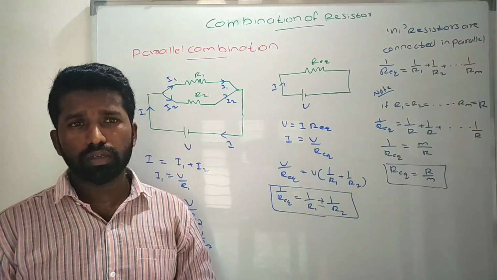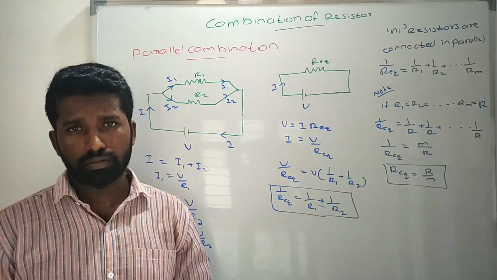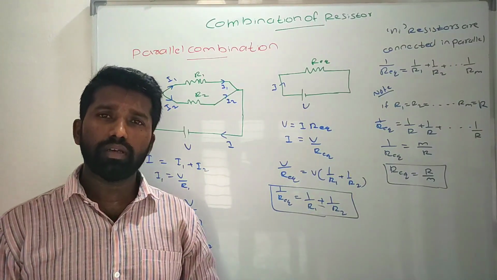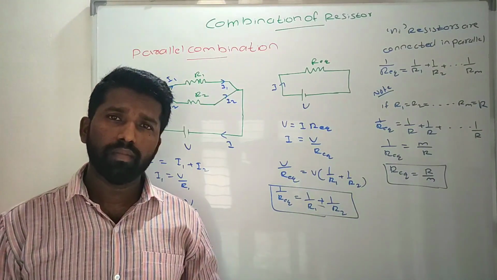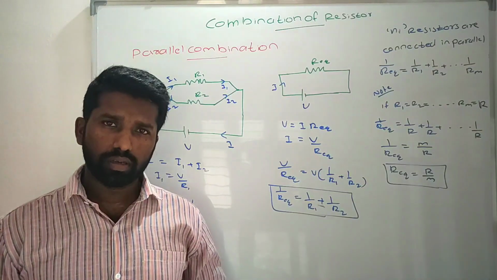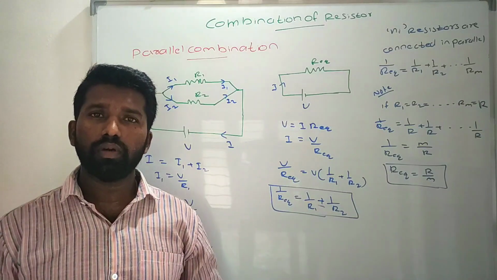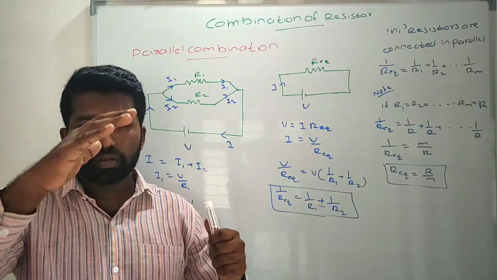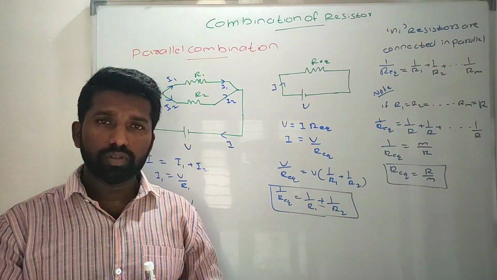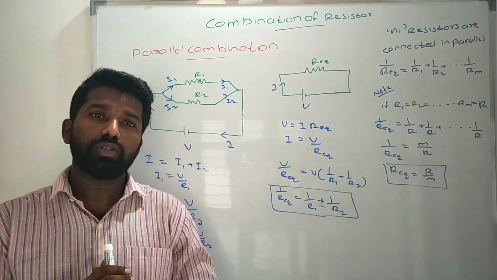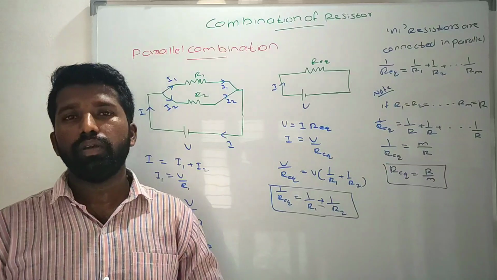But if you connect them in series, they may not get that. And if one device is damaged, it will affect the other devices. That is the problem for the series combination. But in a parallel combination the net resistance reduces, while the voltage across each resistor stays the same.